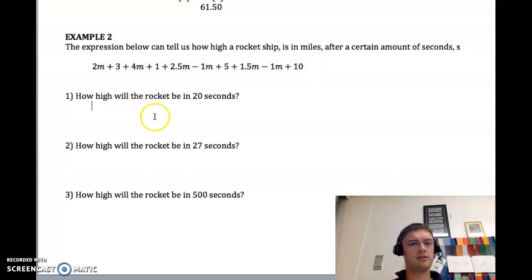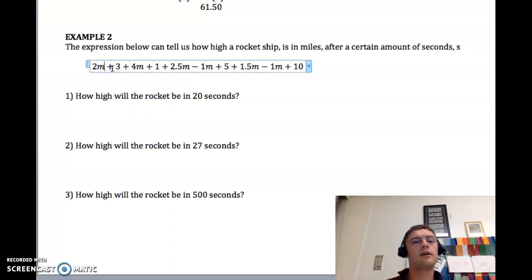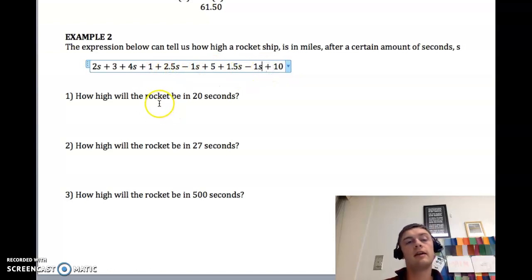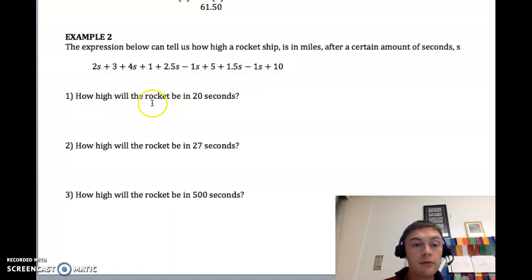Wait a second, this is kind of the same thing. We have an expression here that we can use to plug in our values. It looks like my expression has m's, but the m's are really seconds. What we're going to do now is see how high the rocket will be in 20 seconds.